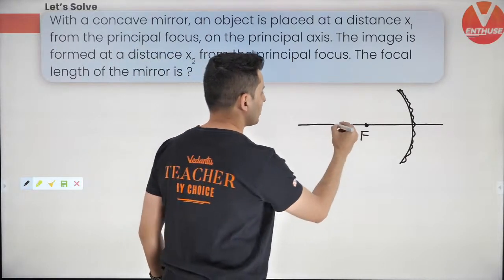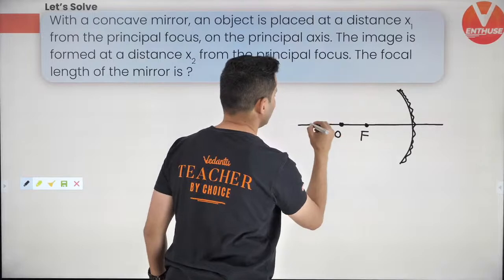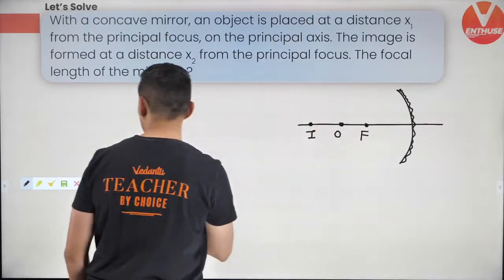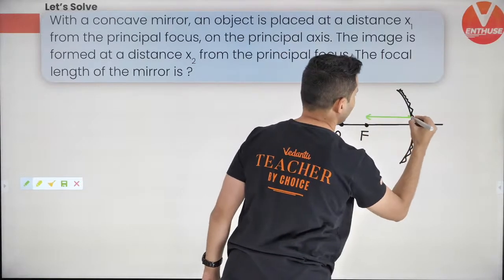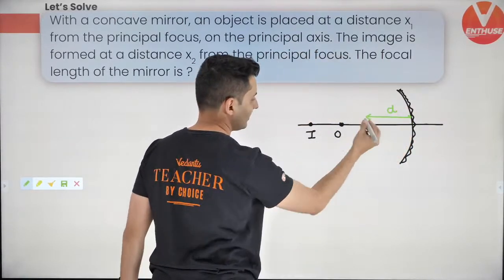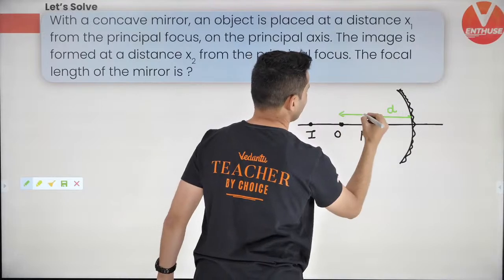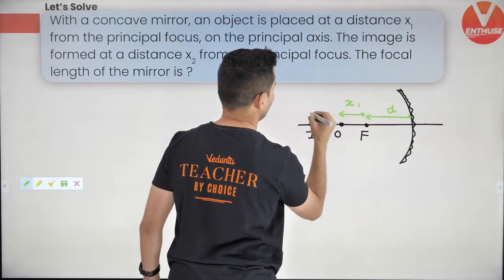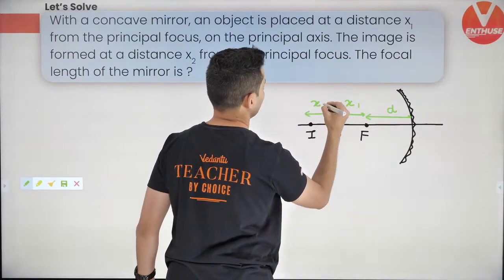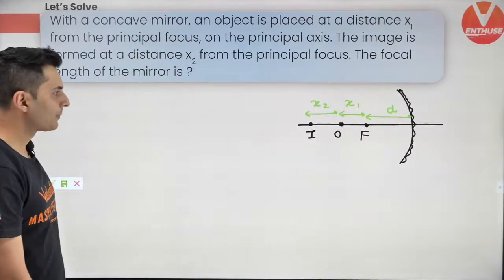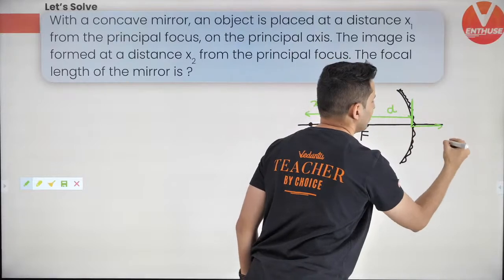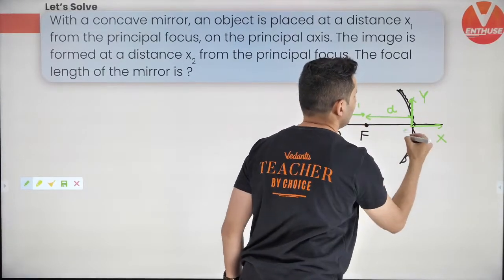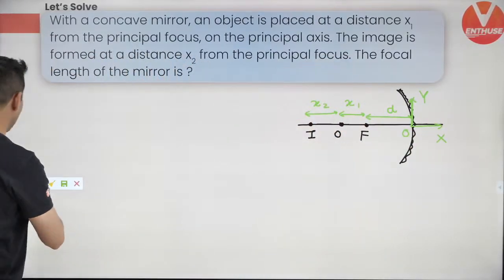So let's say this is the object, this is the image, and let me mark some distances. The focal length, let's say, is d. This distance is d, this distance is x1 and this distance is x2. As per our coordinate system, this is x, this is y, this is the origin. Let's start solving it now.